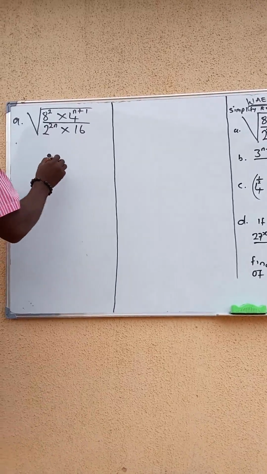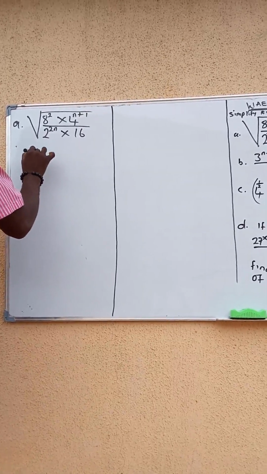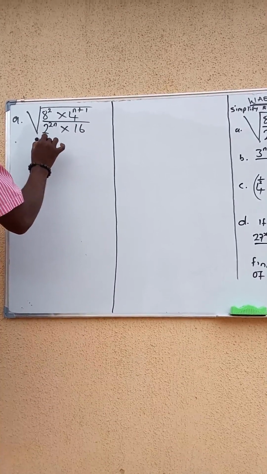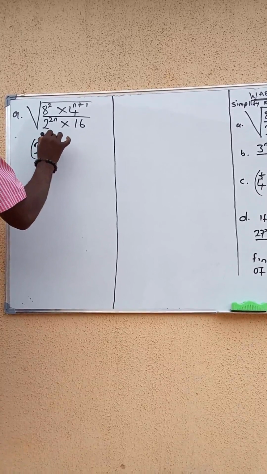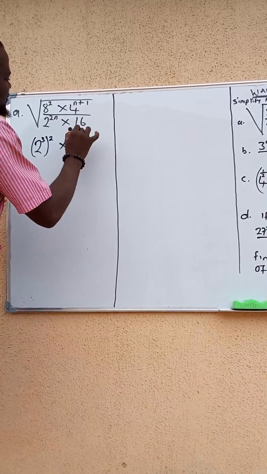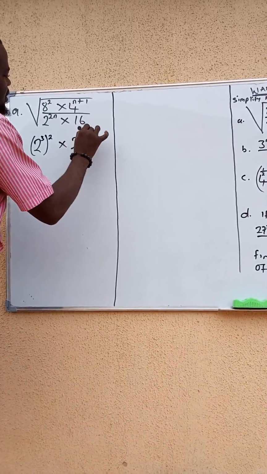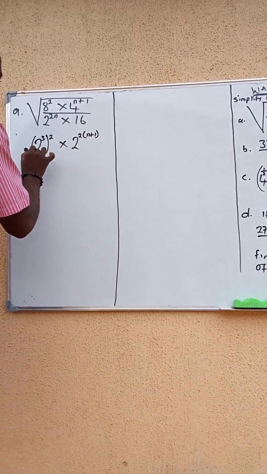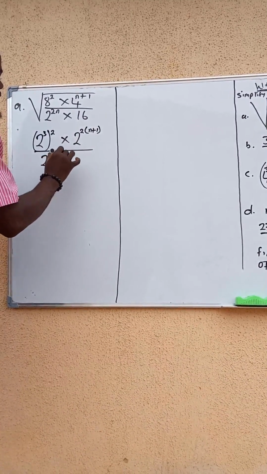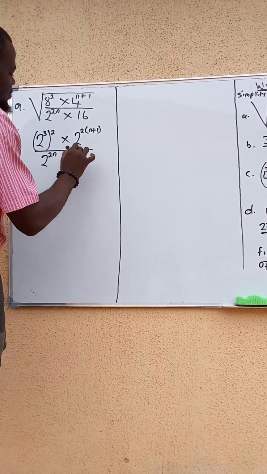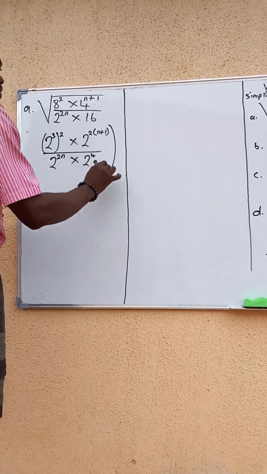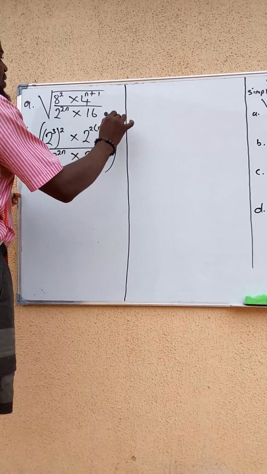Remember, I have 2 raised to the power of 3, raised to the power of 2, times 2 raised to the power of 2n plus 1, over 2 raised to the power of 2n times 2 raised to the power of 4, all raised to the power of half.